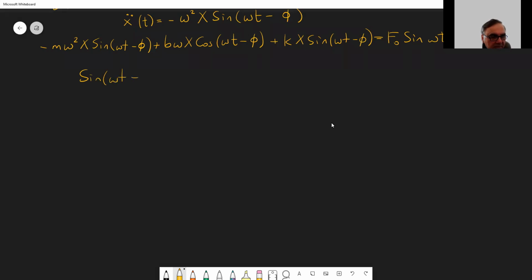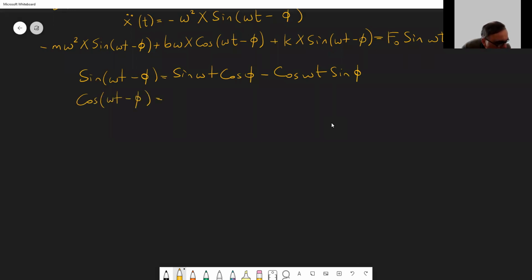Sine of omega t minus phi is equal to sine omega t cosine phi minus cosine omega t sine phi. Now, this minus becomes a plus here.